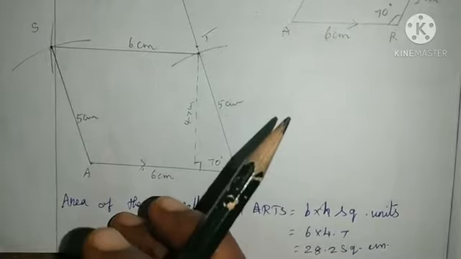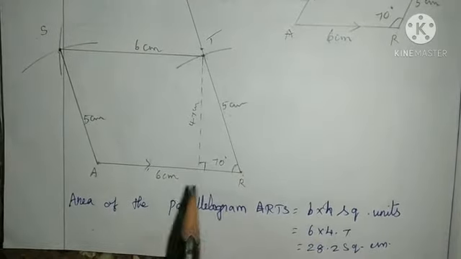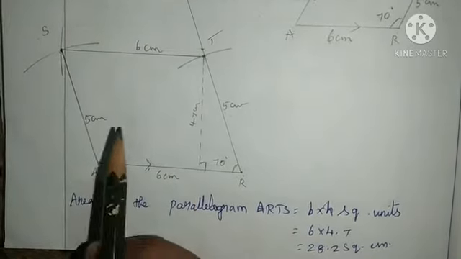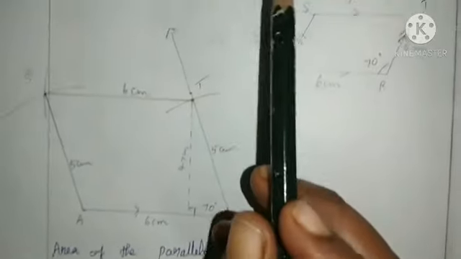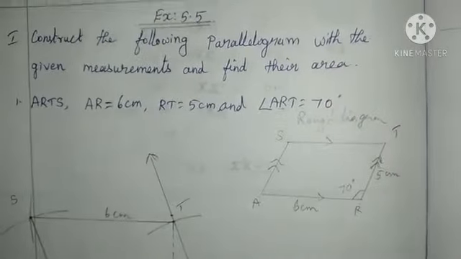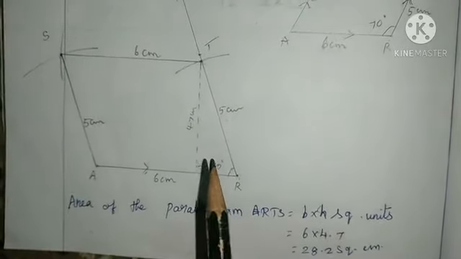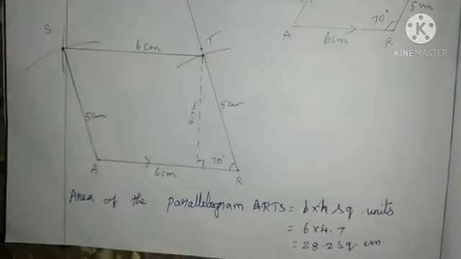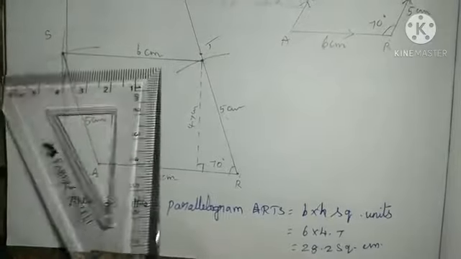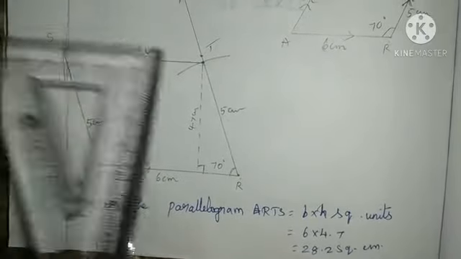After constructing the parallelogram, you have to find out the height of this parallelogram, since in the question they had asked to find the area. We know that area of a parallelogram is base into height. So, you have to find out the height of the parallelogram. In the previous class itself, we learned how to find the height of the parallelogram. You have to take the right angle set square.